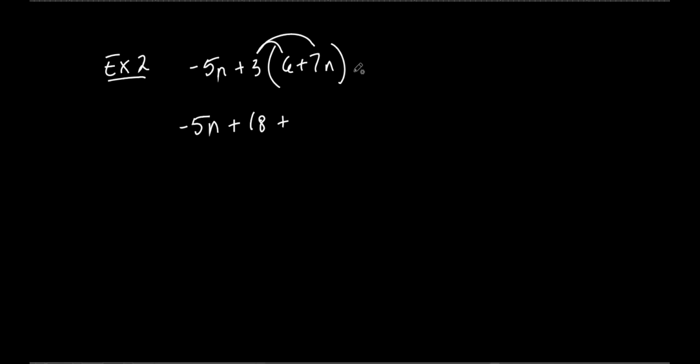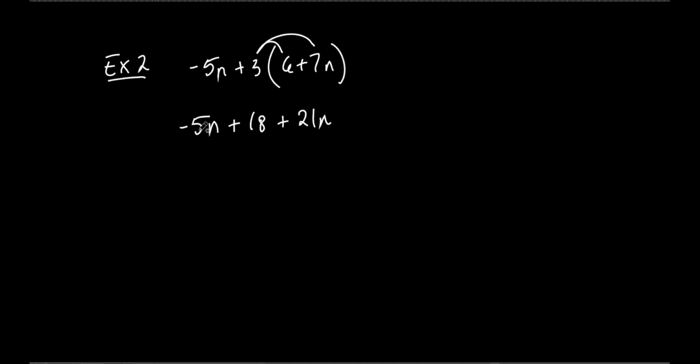Do they have to be like terms in order to multiply them? No, they don't. All you do is just multiply the numbers themselves and then just stick the variable next to it. Okay, 21n. So it's plus 21n. We haven't really talked about that yet. Probably should have, but now we did.